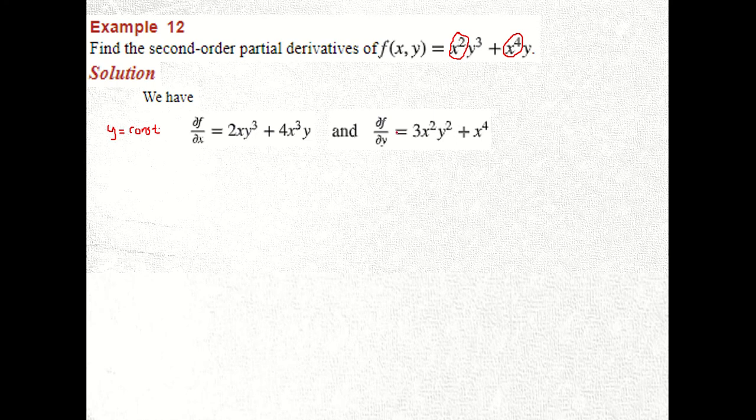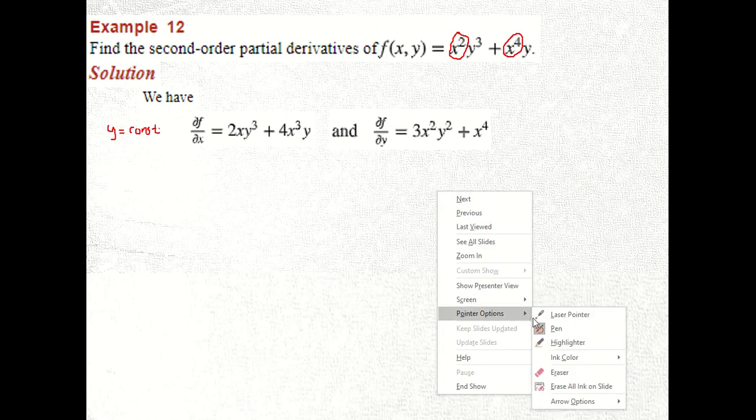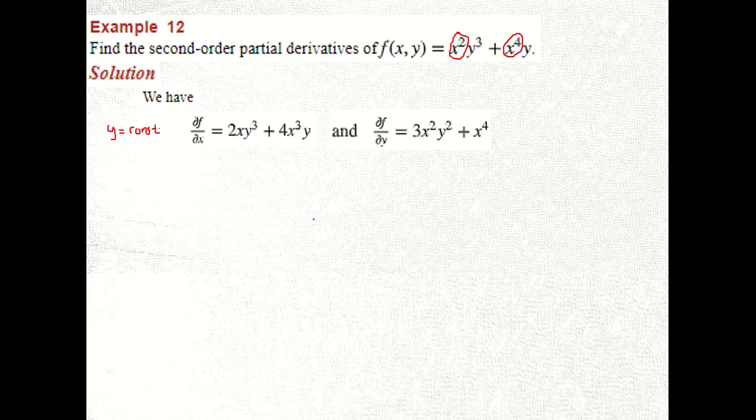By the way, if we are going to take the partial derivative of the function with respect to y, we take x as constant.